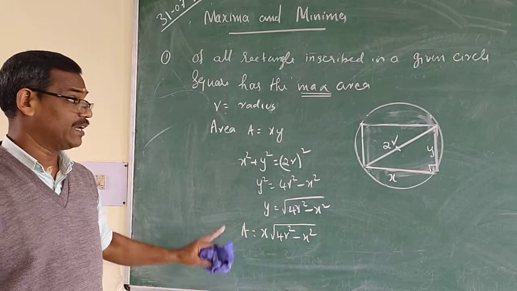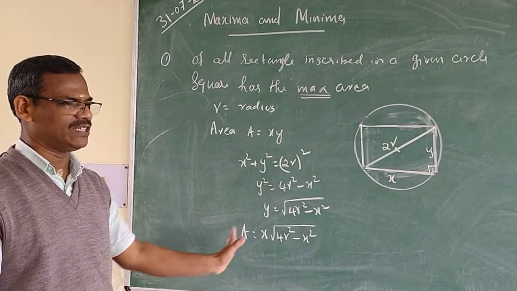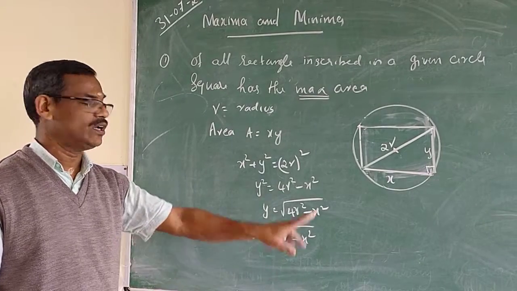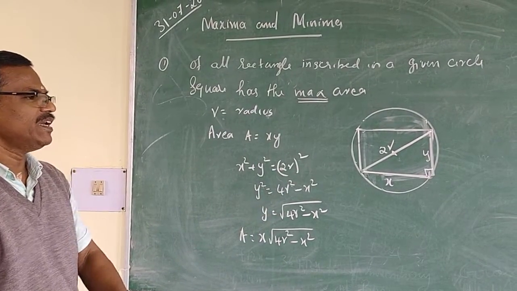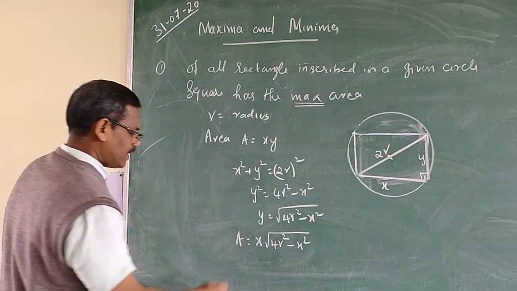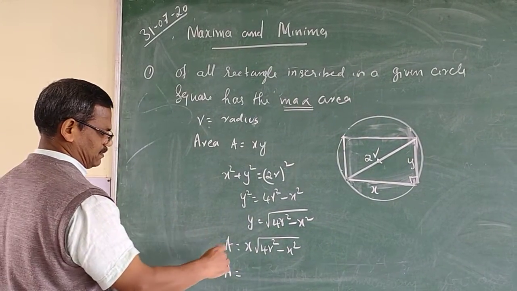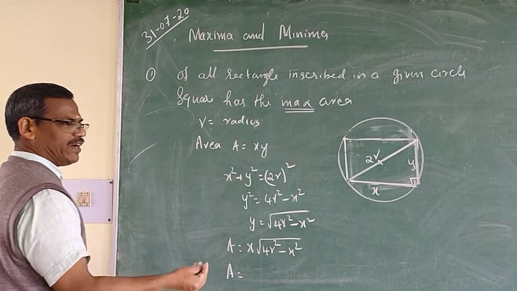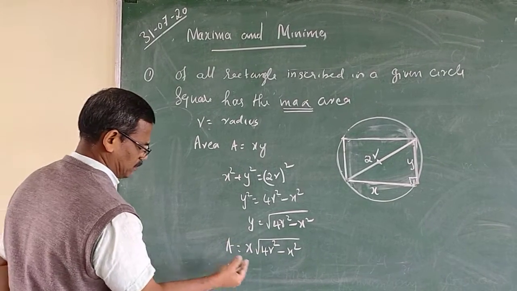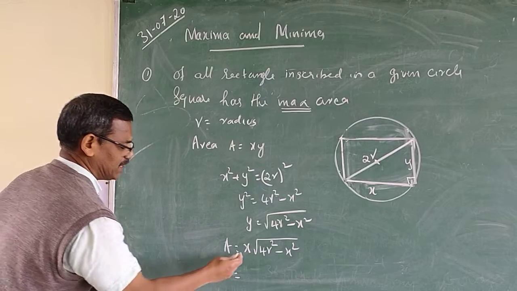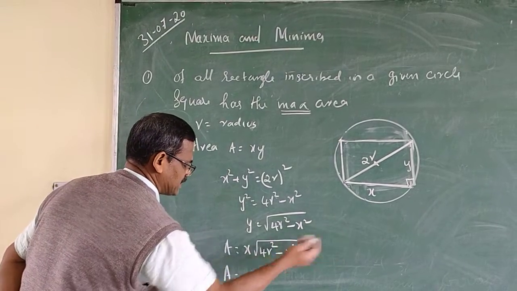The maxima condition is that the area is maximum. That means the first derivative of A is equal to 0 and its second derivative should be negative. Now to simplify the steps of differentiation, I will put this x inside.